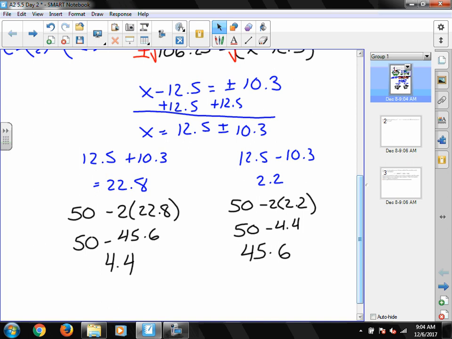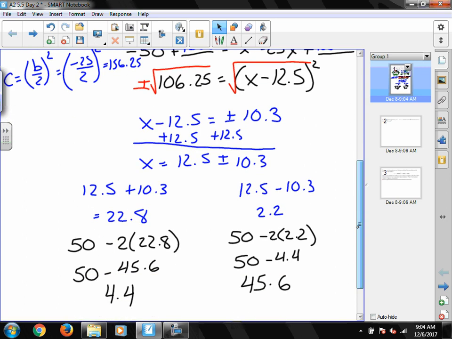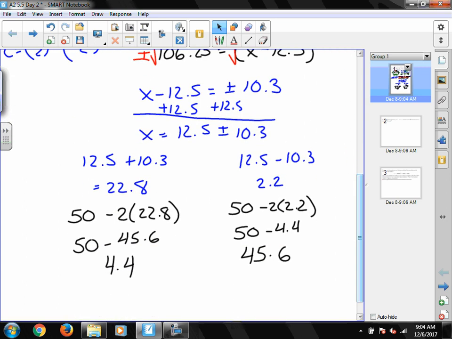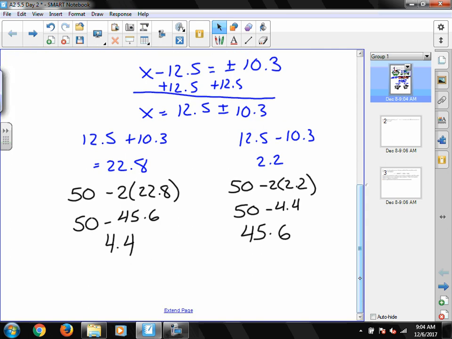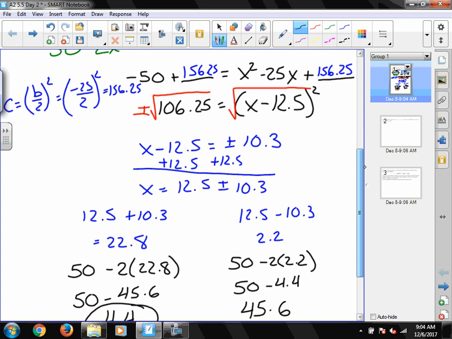Within the context of that problem, I don't have enough to have a side length of 45.6. So that means I'm going to pick my 4.4 for that side length.